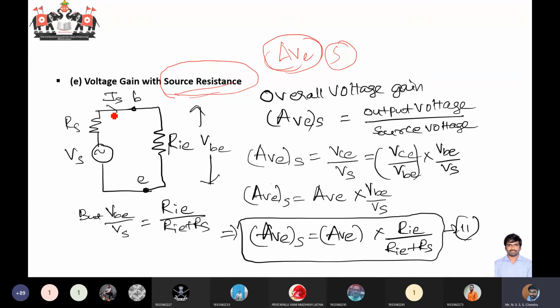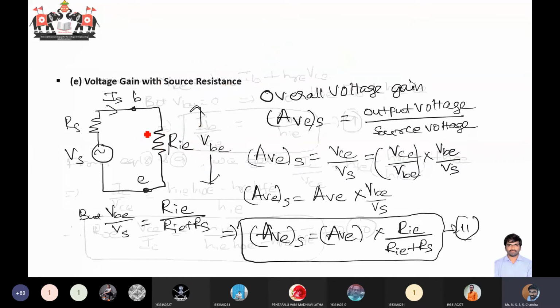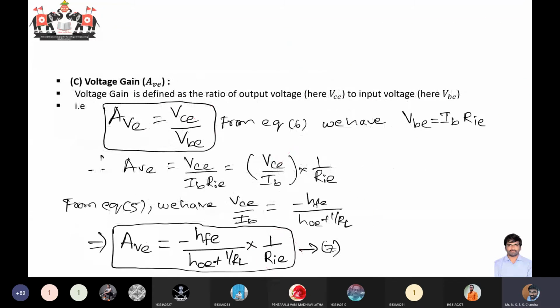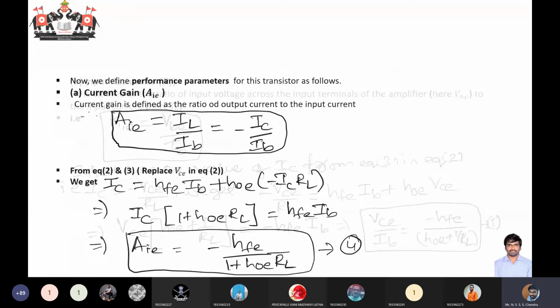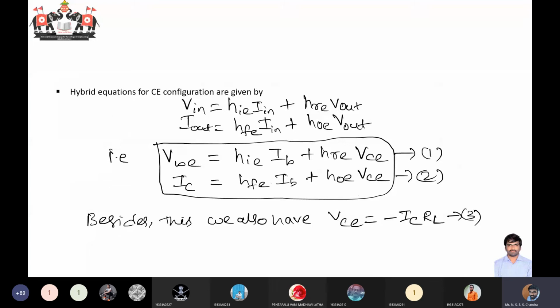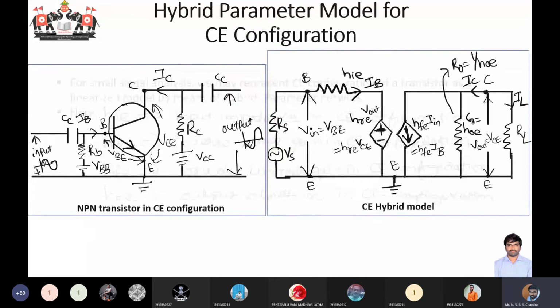So I'm rewriting the diagram, simplifying the input circuit. In the input circuit, I have an input voltage VBE across an input resistance of the amplifier RIE. So instead of writing all these values like HIE and a dependent voltage source, instead of writing this entire circuit, I'm simply representing it by a simple input resistance RIE.